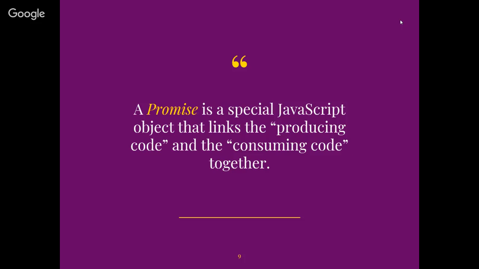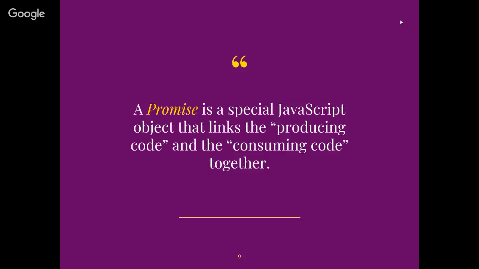For instance, the code could be loading some kind of script, like in our earlier example, it could be sending a network request and waiting for a response, and all types of time-consuming things. It could be a set timeout function, whatever.